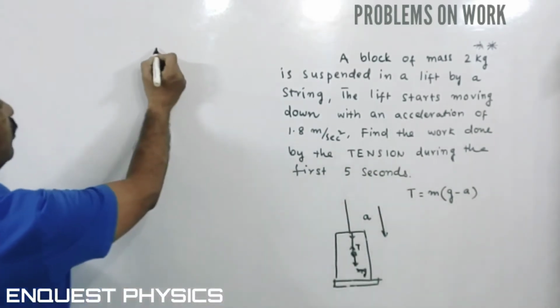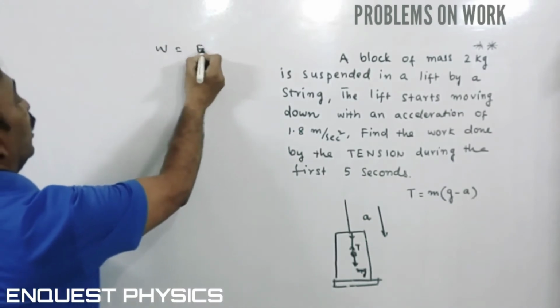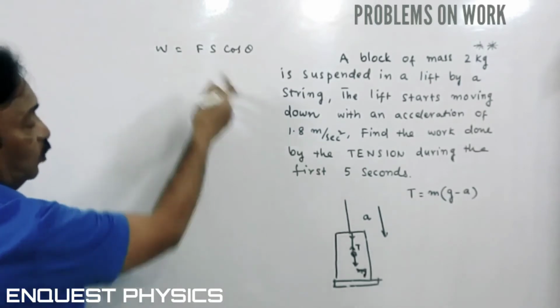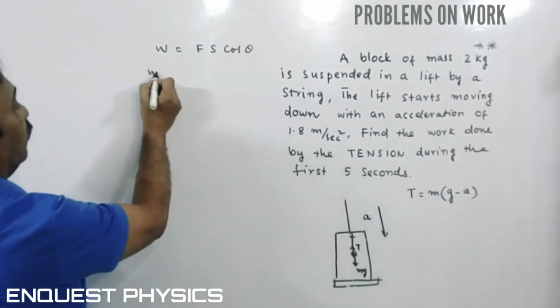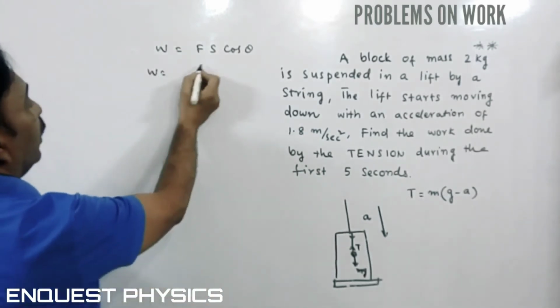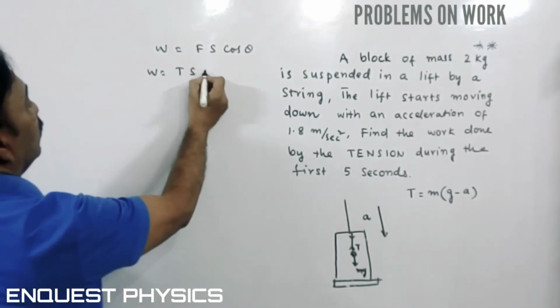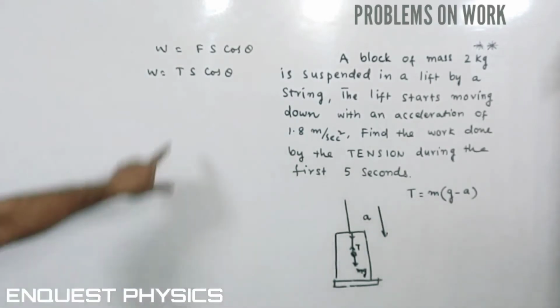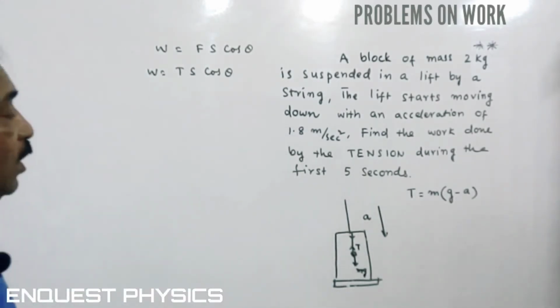We know that work done is equal to F s cos theta. Here, instead of force we have tension, so we write work is equal to T s cos theta, where s is the displacement.